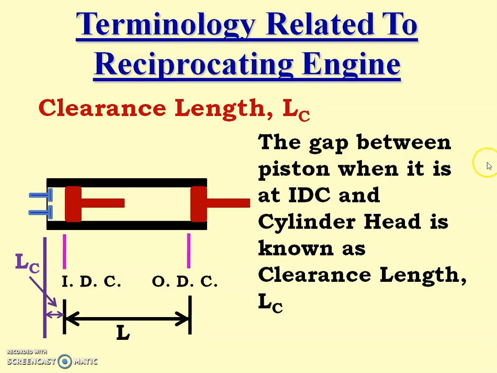Now why is that gap provided? This gap is provided so that the inlet and exhaust valve can open properly and there is no direct collision between piston and cylinder head or piston and valve.